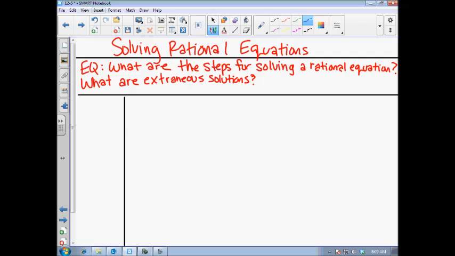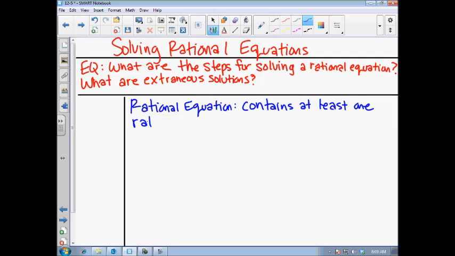Okay, so a rational equation contains at least one rational expression, so another fraction expression.